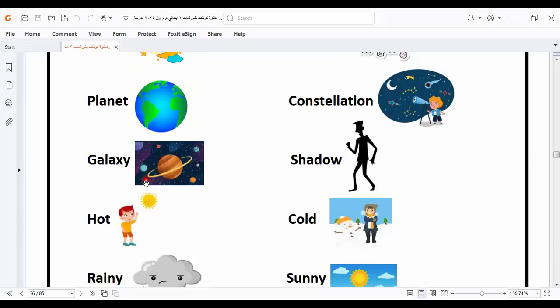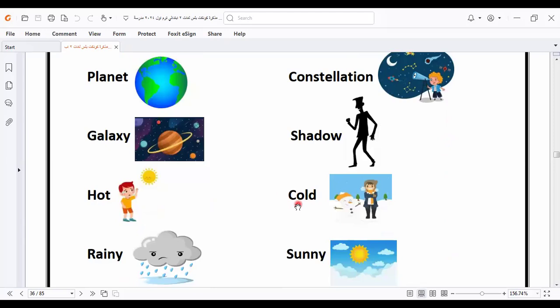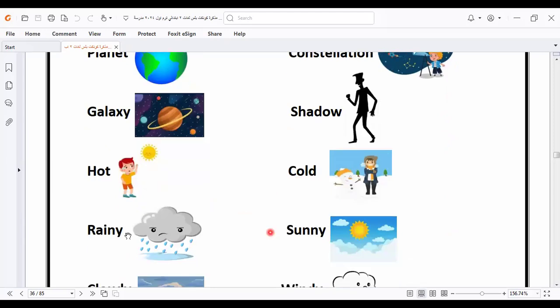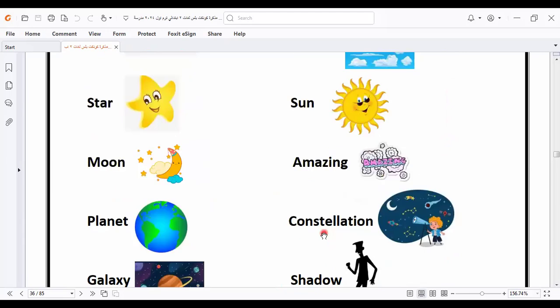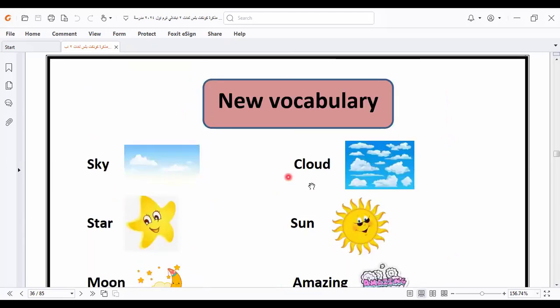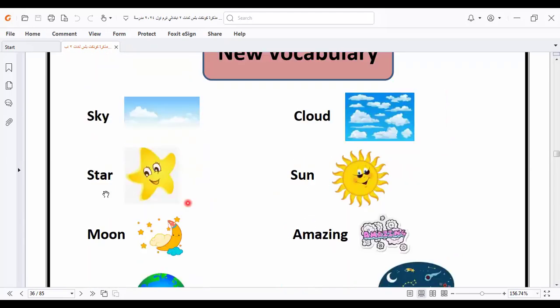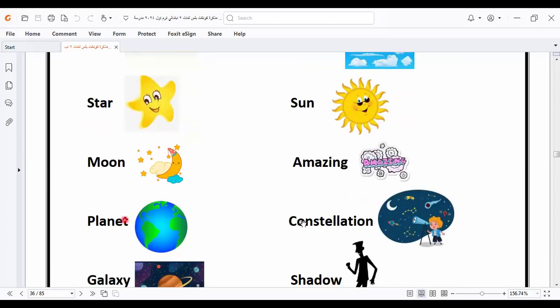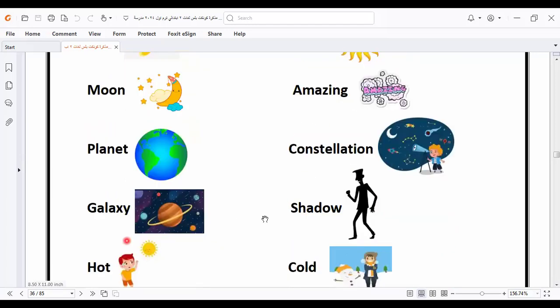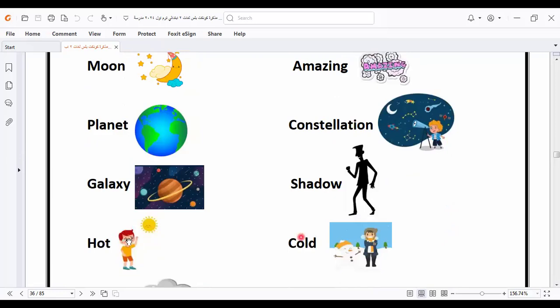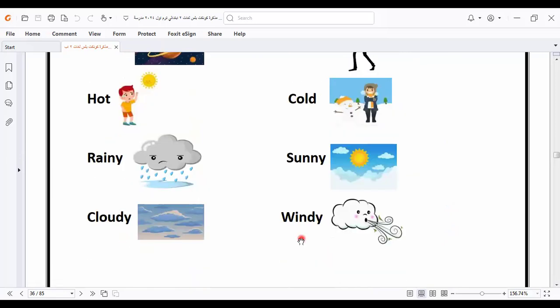The galaxy is bright in the night. Hot, cold, rainy, sunny, cloudy, windy. I will repeat, and repeat after me: sky, cloud, star, sun, moon, amazing, planet, constellation, galaxy, shadow, hot, cold, rainy, sunny, cloudy, windy.